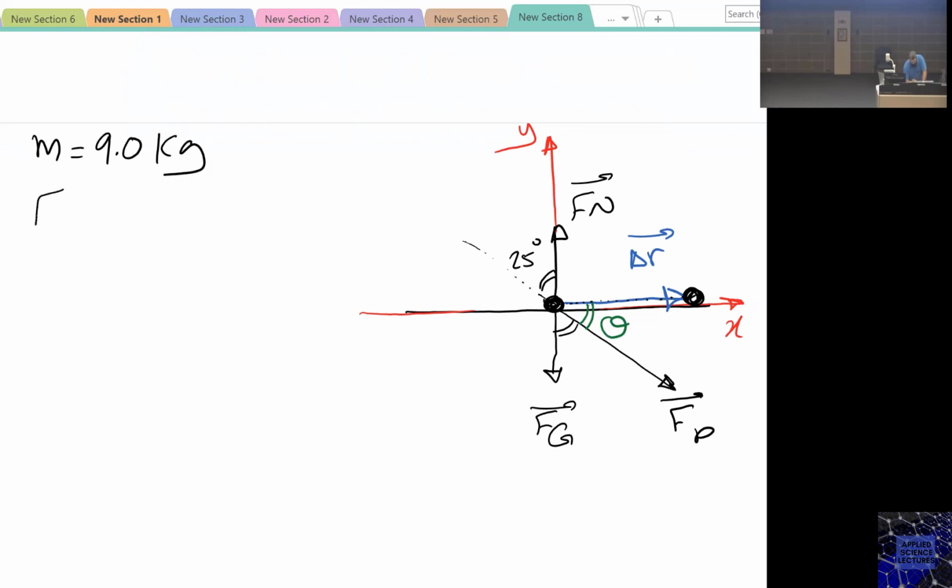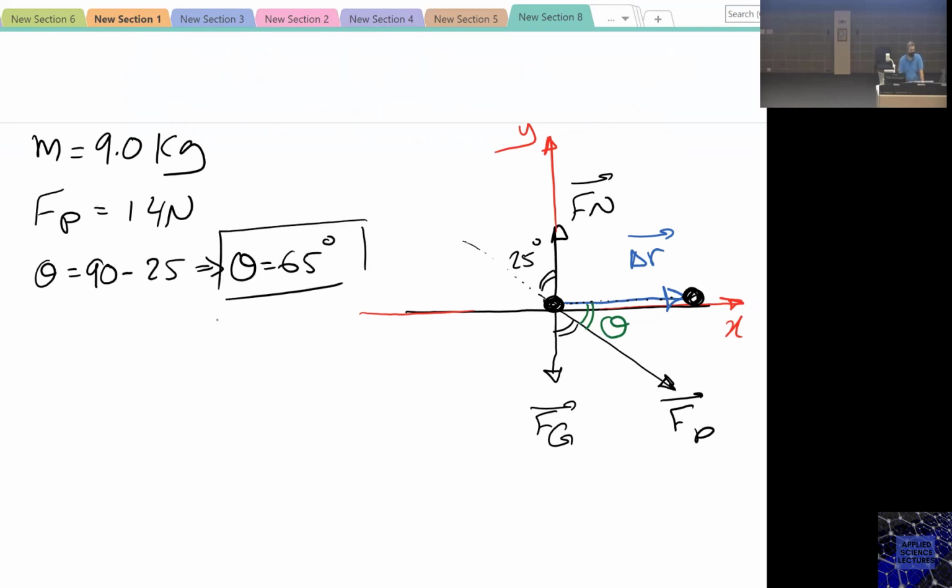I do have Fp, the magnitude, as 14 Newton. I have theta as 90 degrees minus 25, which is 65 degrees. It's the complement of 25.